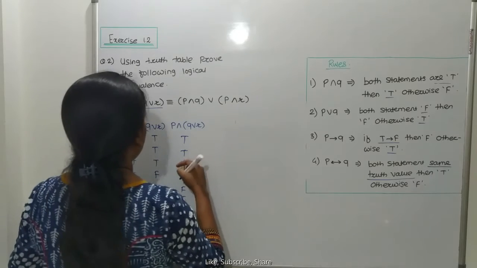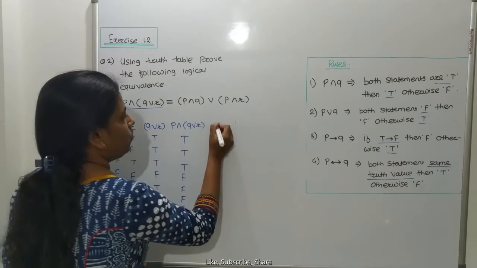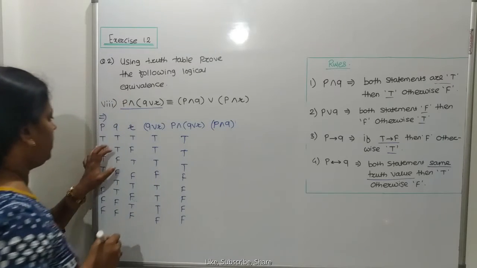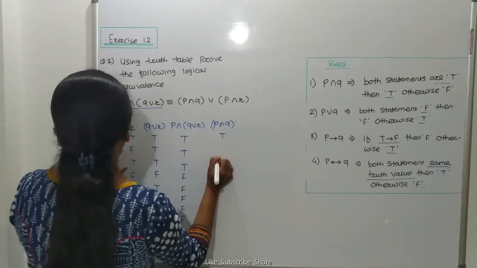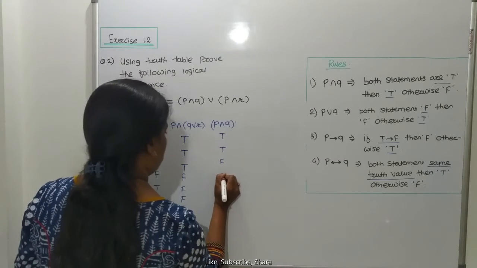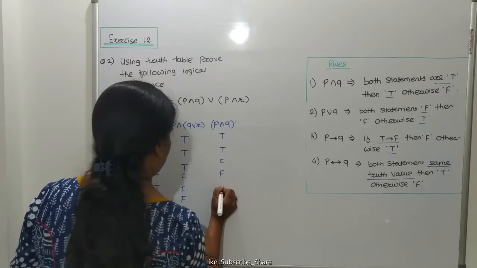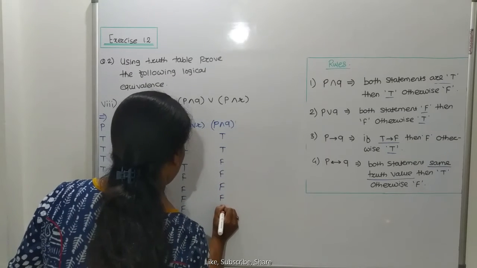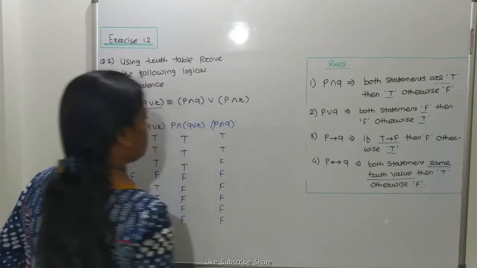Now we have to solve this one. P and Q. True. This one is true. False. This one is false. This one is also false. This one is false and this one is also false.